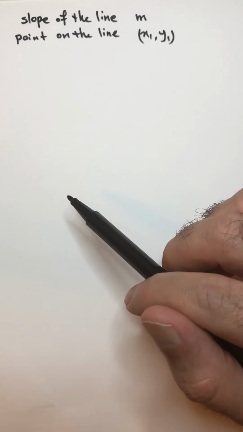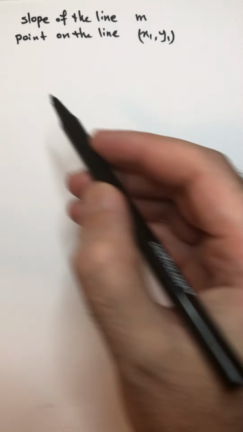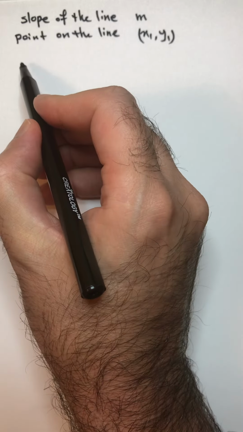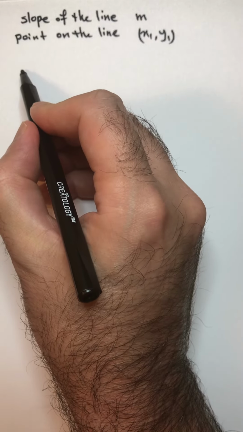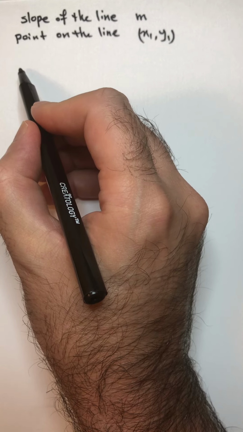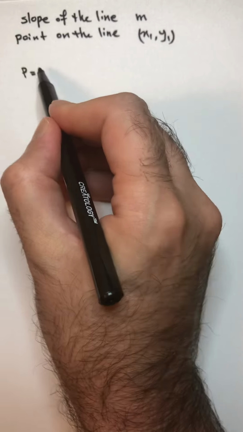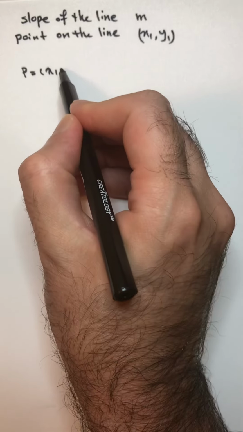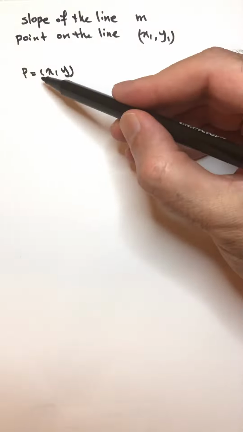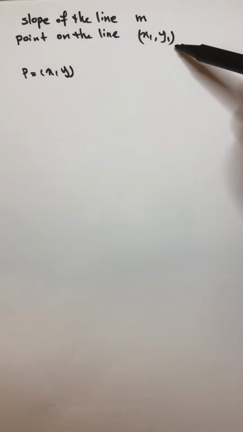To solve this problem, we consider an arbitrary point on the line with unknown coordinates of x and y. Let's call it P. So P has the coordinate of x and y. Then we calculate the slope of a line using point P and the given point.